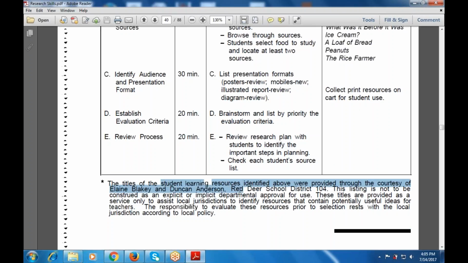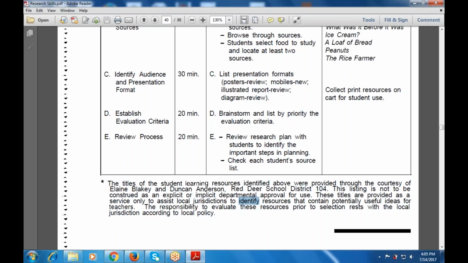The titles of the student learning resources identified above were provided through the courtesy of Ellen Bakery and Duncan Anderson, Red Deer School District 104, and this listing is not to be construed as an explicit or implicit departmental approval for use. Whatever titles and services we have provided are used to assess the local jurisdiction to identify resources that contain potentially useful ideas for teachers.